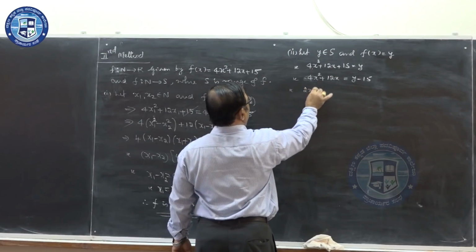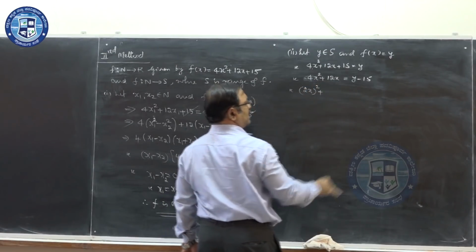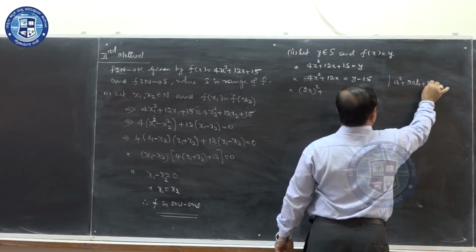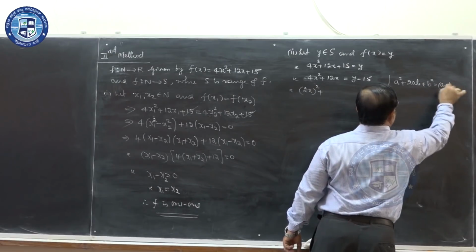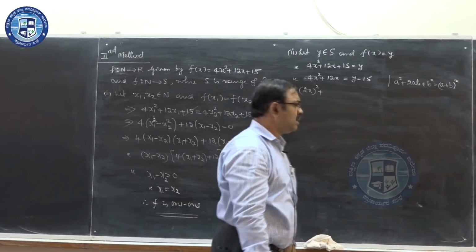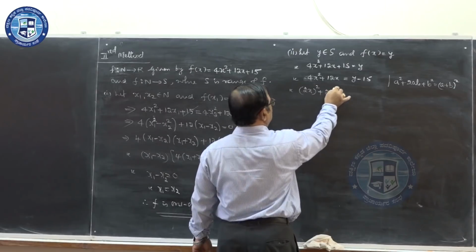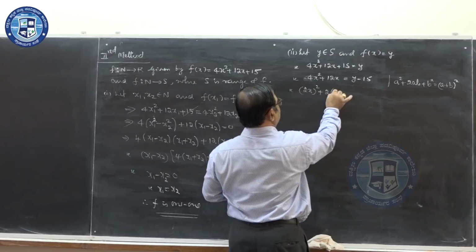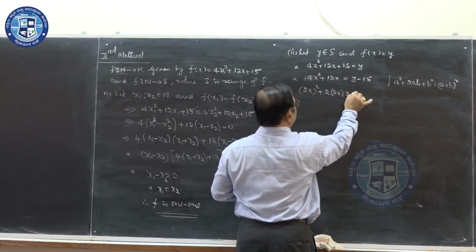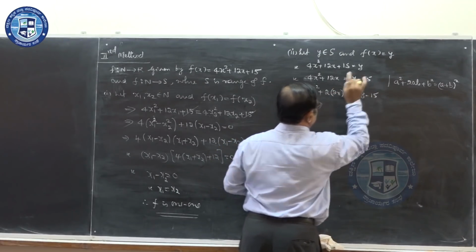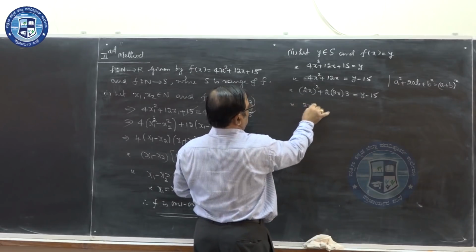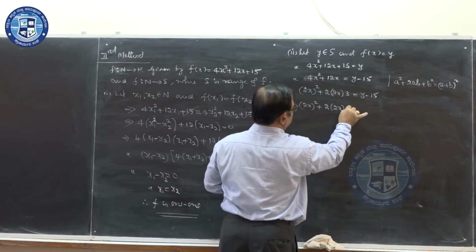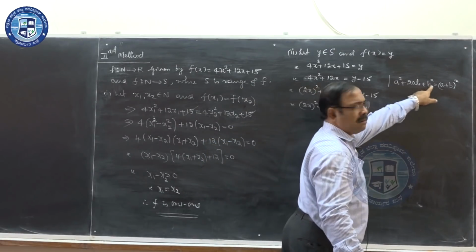So, you write 2x the whole square, plus 2 into a into b plus b square, where a is 2x and b is 3.